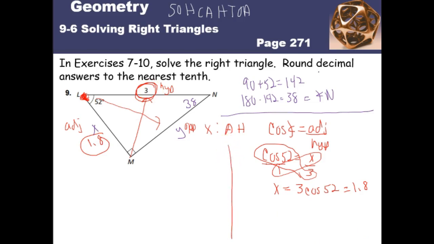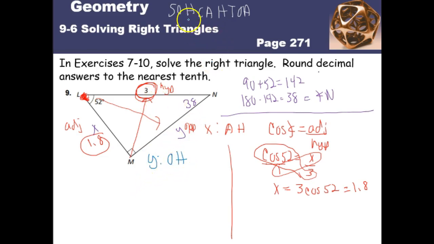Okay, now let me get another color. Sorry. Oh my goodness. Okay, since I'm not moving angles, I'm still using the angle they gave me, 52. I don't have to relabel. But this time to find y, I have to use y, and y is the opposite, and I still have to use the 3 which they gave me, which is the hypotenuse.